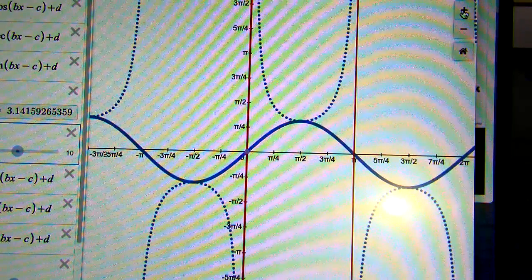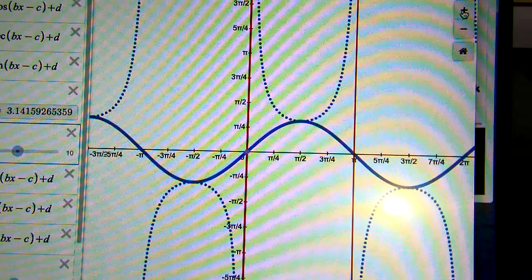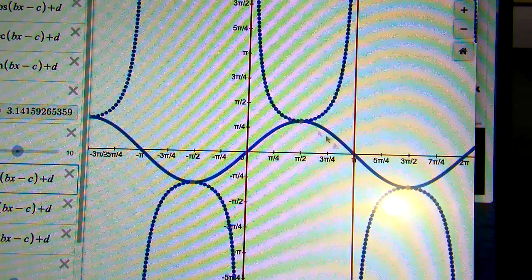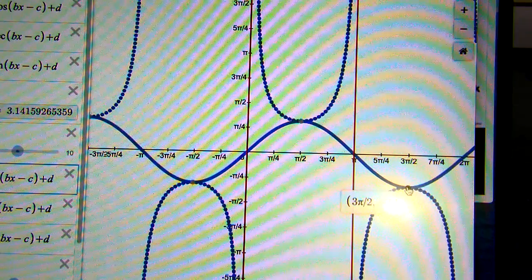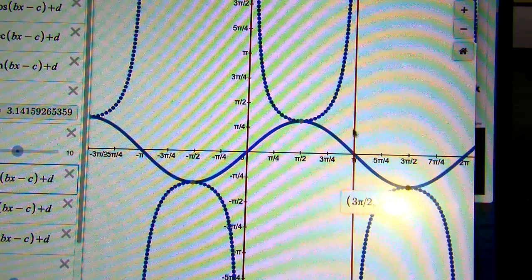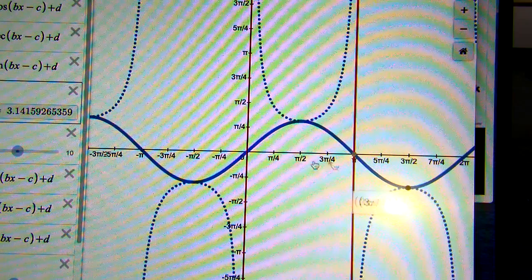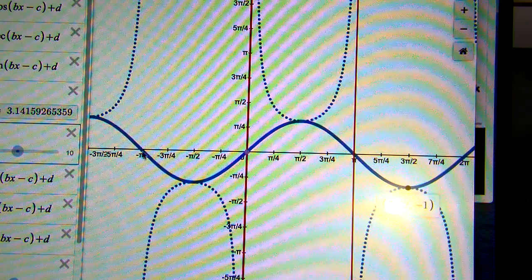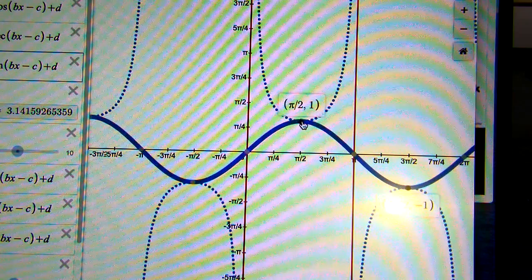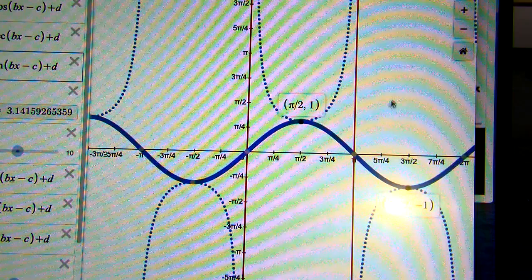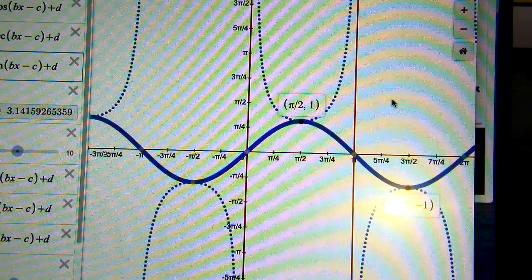But the main thing is if you graph the sine function, then you know what the cosecant is going to look like. Because you're going to make your asymptotes for that sine function at these intercepts. And then from the minimum and the maximum, you go ahead and make the rest of the graph from that. Okay. So that is all abstract until we do an example problem.